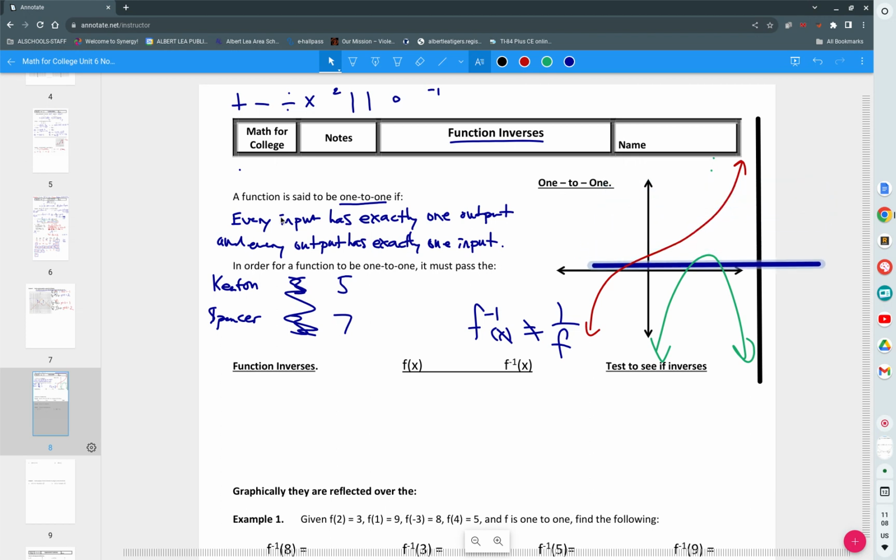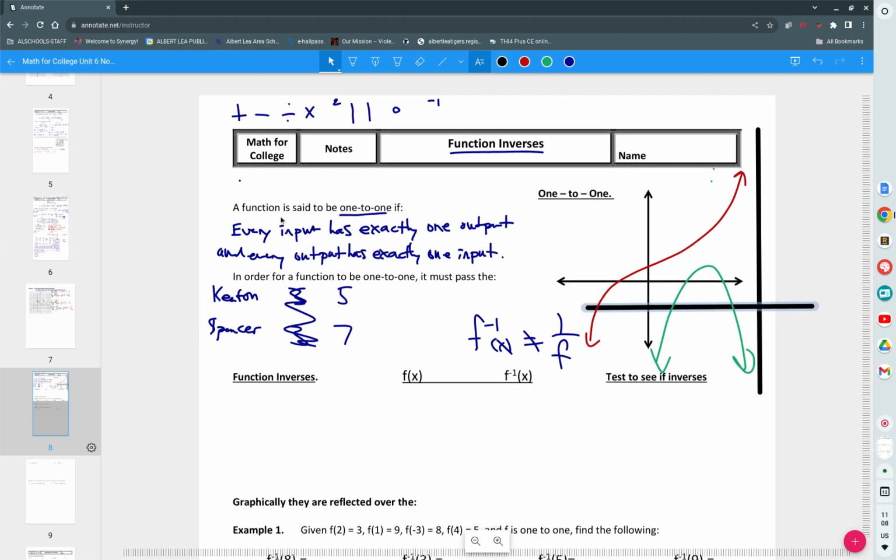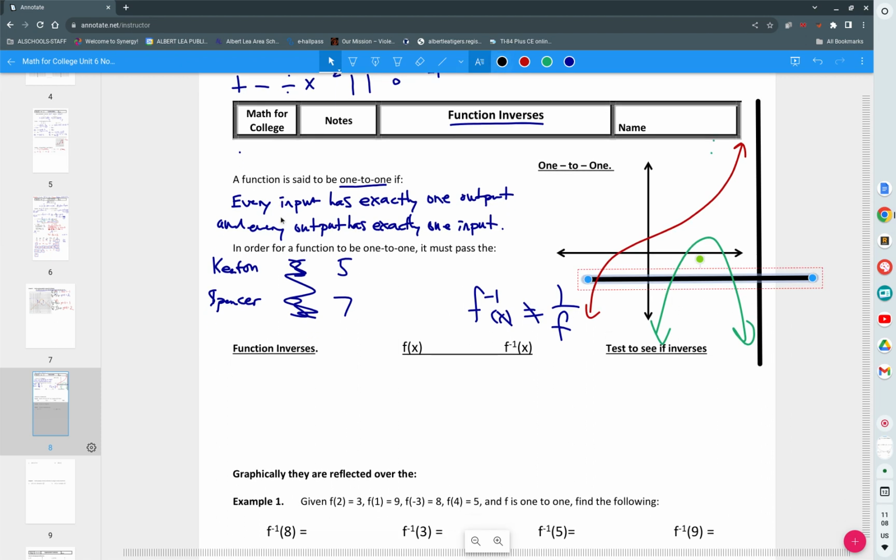Yep. But does the green one? No. So the fact is, in order for a function to be 1-to-1, it must pass the horizontal line test as well. So it must pass the vertical and horizontal? Yes.